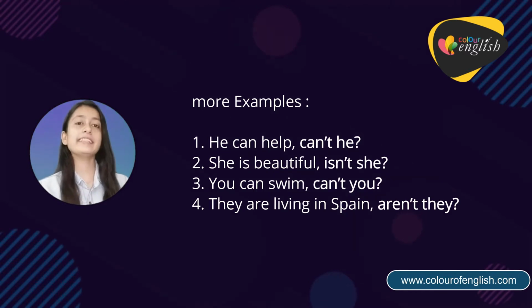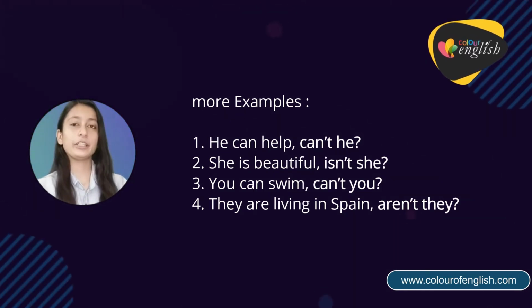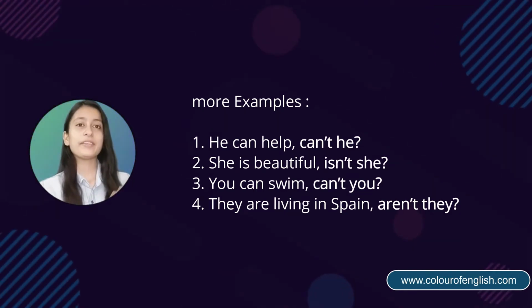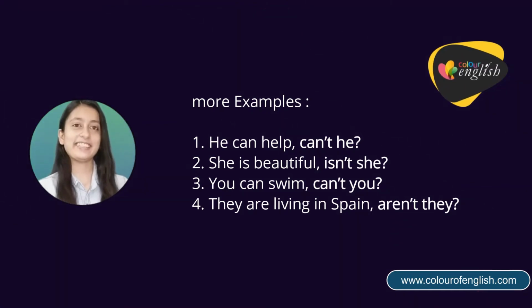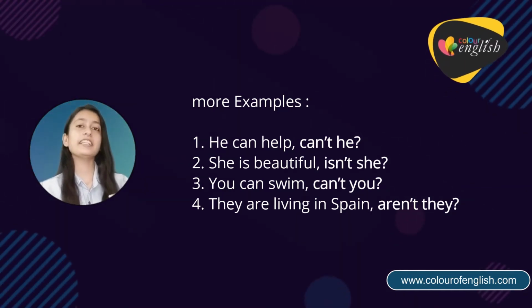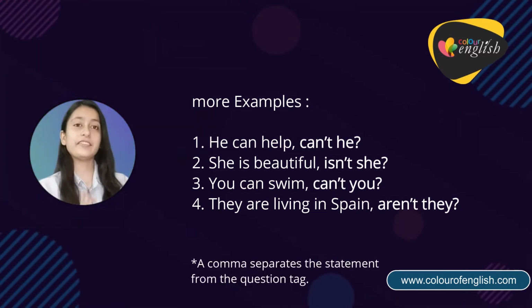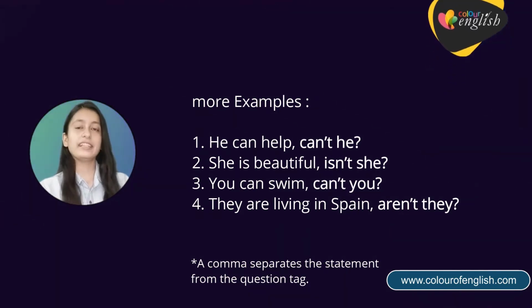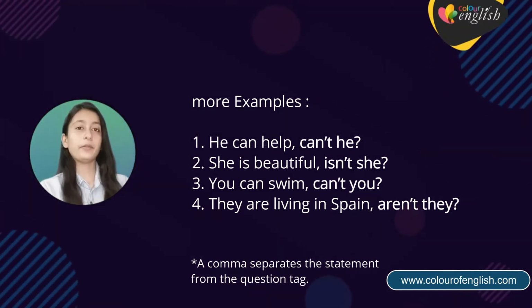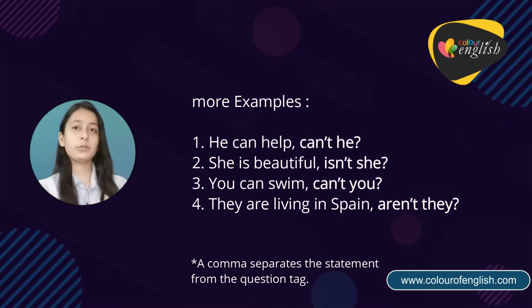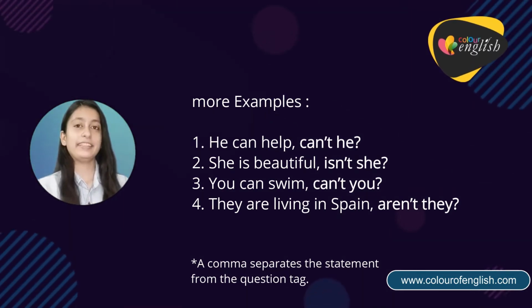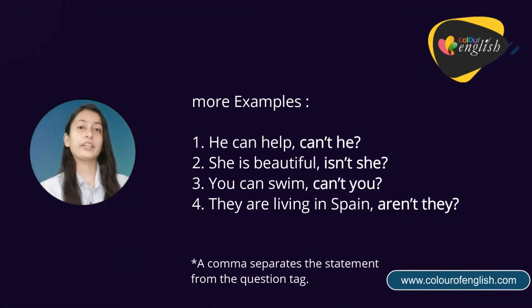So here we can see that these question tags include an auxiliary verb and the subject of the sentence. Also please note that the very first part is the statement, or declarative sentence, then a comma separates the statement and the question tag. Then we have the question tag and in the end a question mark.